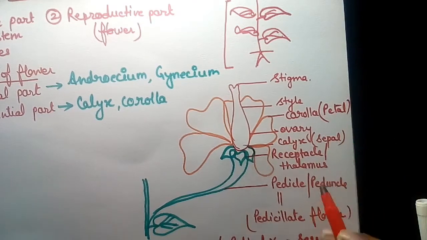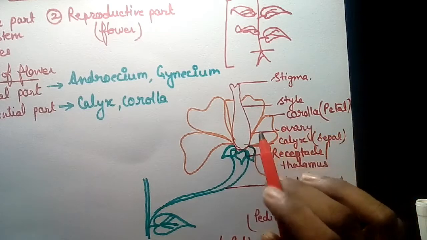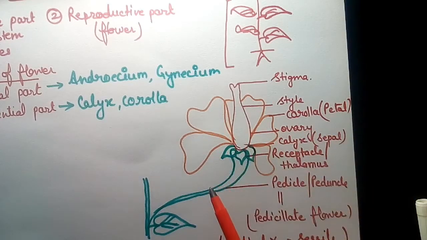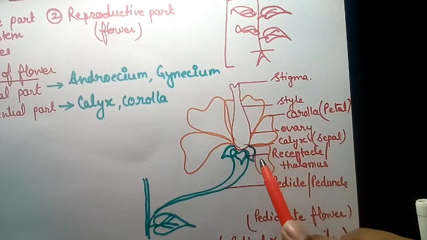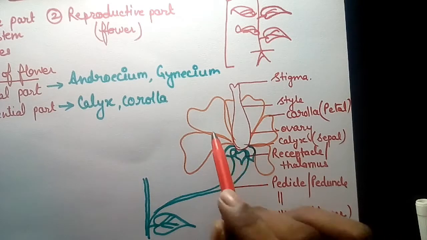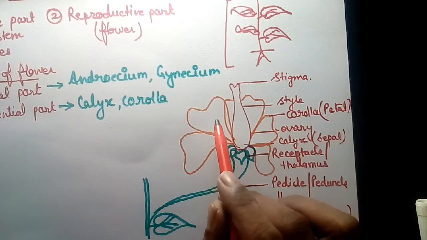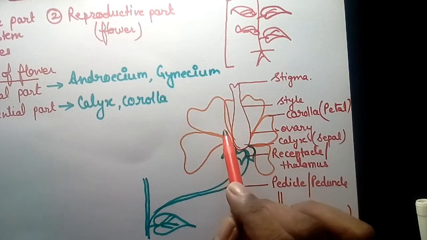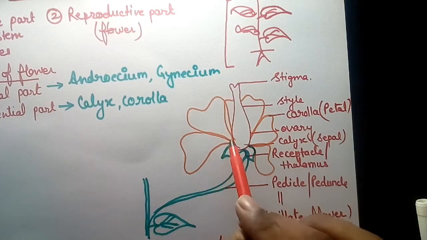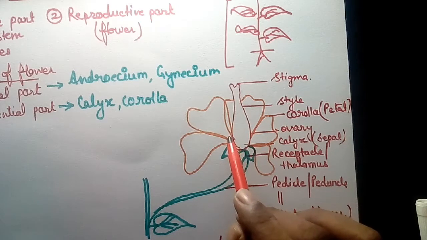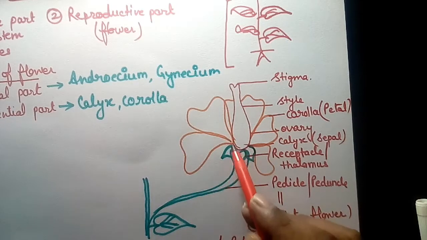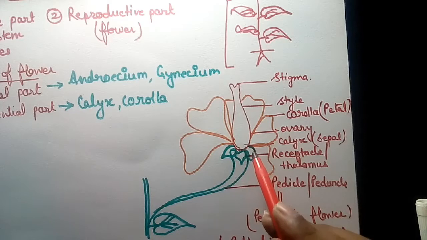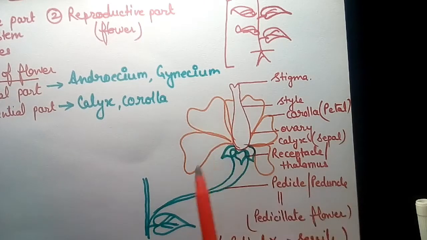So we can say several petals unite together to form the corolla. Several sepals unite to form the calyx. The corolla or the petals are bright in color, which attracts the animals, which attracts the insects for the pollination process. Sepal units form the calyx, and this one is the corolla.